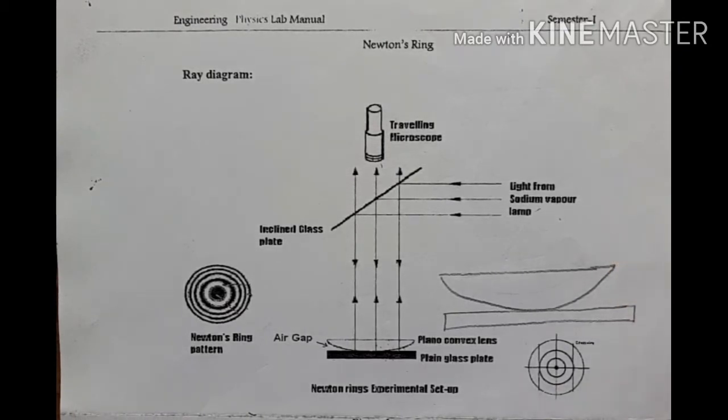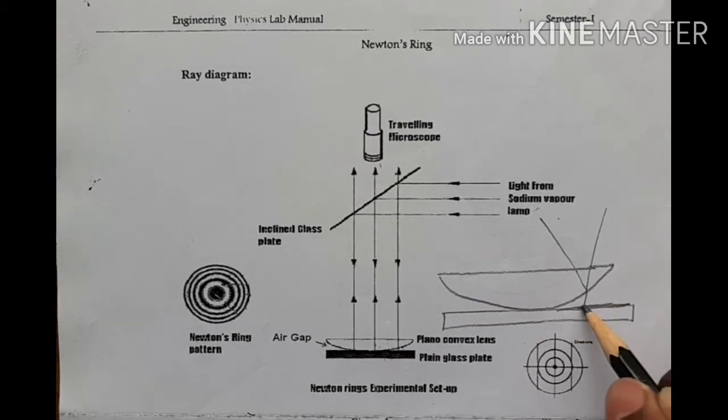The interference happens because of this monochromatic light. Say this is a ray of light which is falling on this, and one ray will reflect from the bottom of this plano-convex lens, like this it goes, and another ray hits this plane glass plate, and again it reflects.